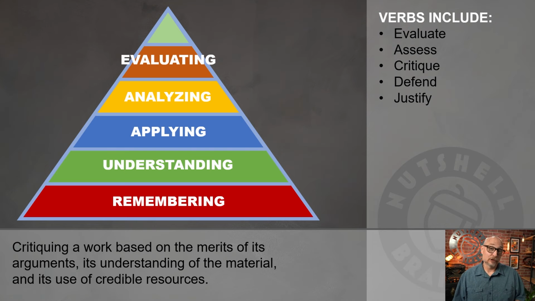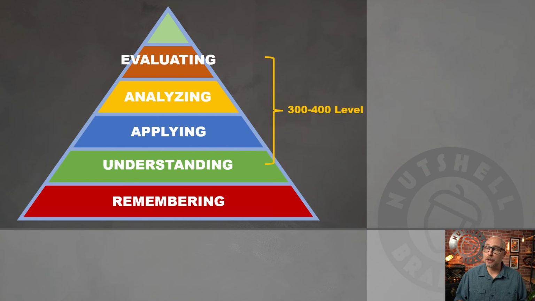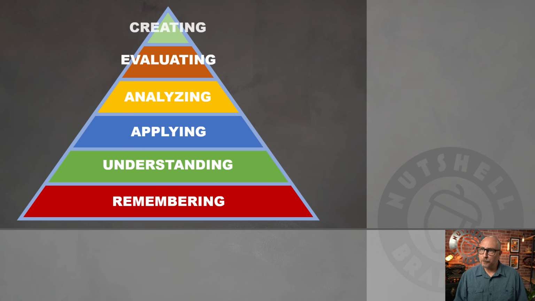Now, once again, speaking in broad general terms, this tier really starts to come about in the 300 to 400 level of your classes. So you're talking your junior and senior year of your bachelor's degree. They really focus in understanding, applying, definitely in analyzing, and they start to tickle the evaluating sphere, okay, or the evaluating tier.